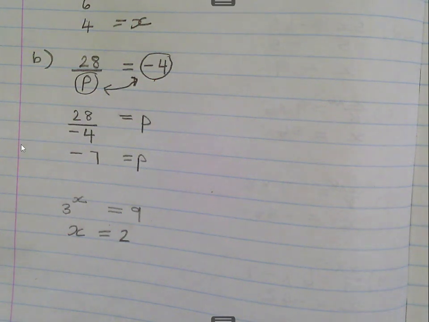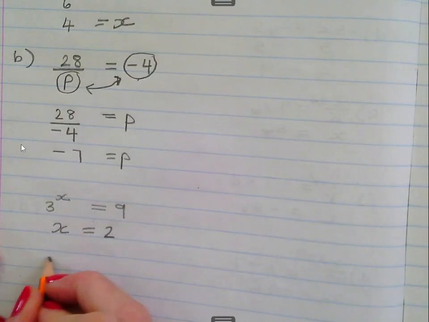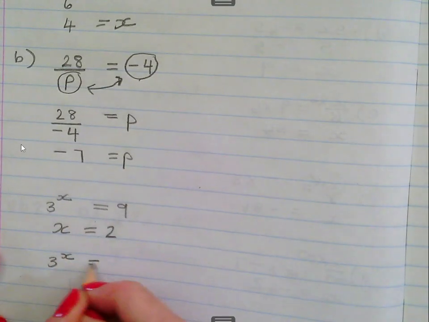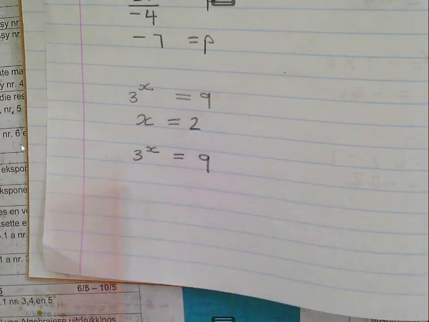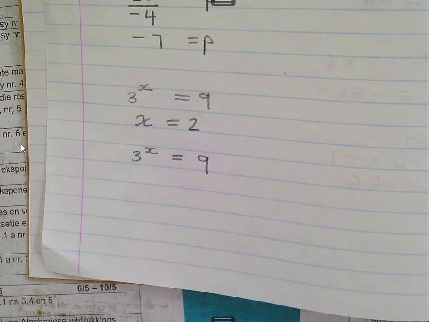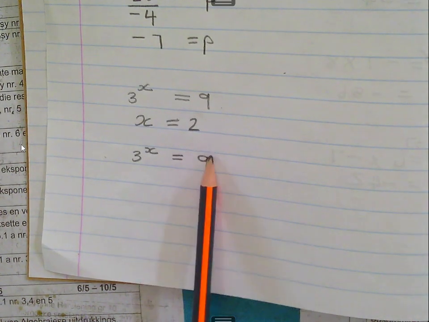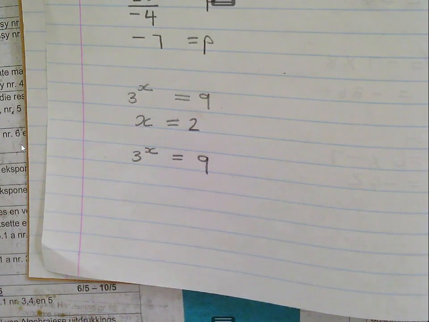Okay, so there's a rule that says you cannot work with two different types of numbers. What I mean is this number is in an exponential format. It's got a base and it's got an exponent, whereas 9 is just a normal number.